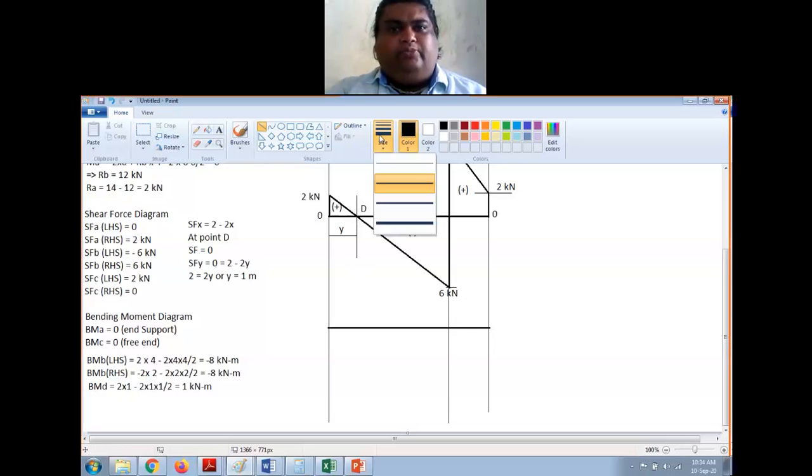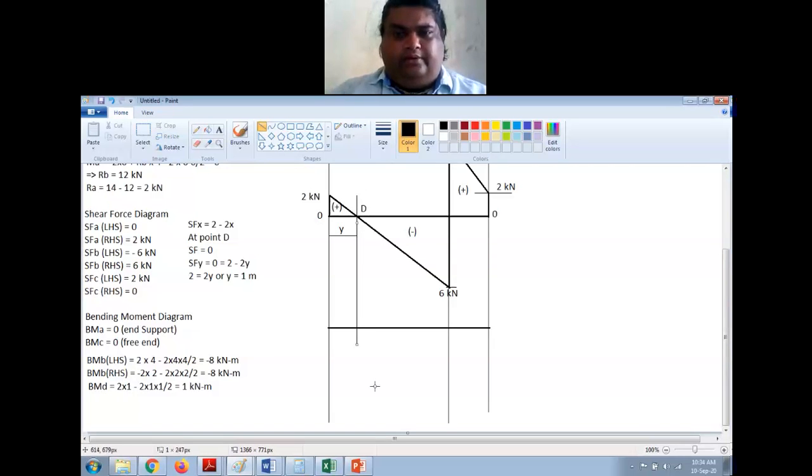I will project this point B here. At D, the bending moment is 1, so I will just mark that value. 1 is here, and at D, the bending moment is -8, so it will be here, and here it is 0.